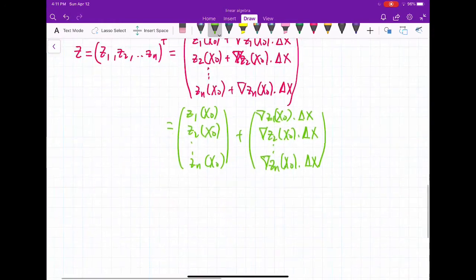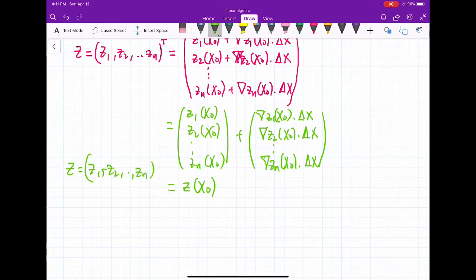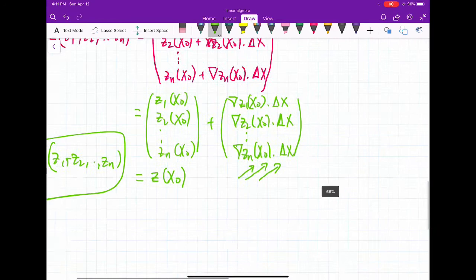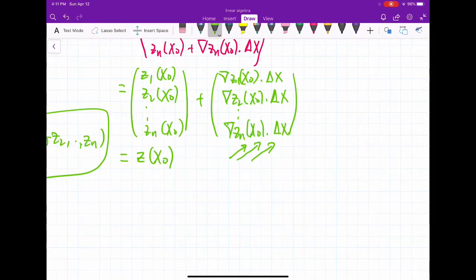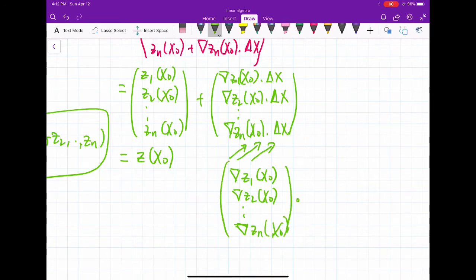The first term is nothing but z at x0, because the function z is a vector function. Don't forget, z is z1, z2, and so on to zn, but we are in the transpose form. That's okay. Makes sense. And then what is this? If you write this in the form of a matrix product, this is nothing but the gradient of z1 at x0, the gradient of z2 at x0, and so on to the gradient of zn at x0, times delta x.